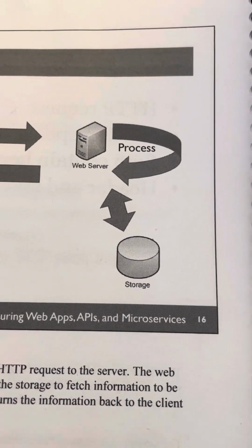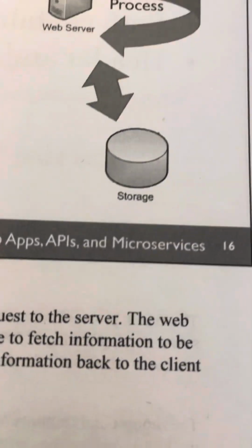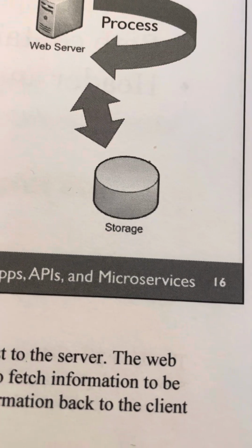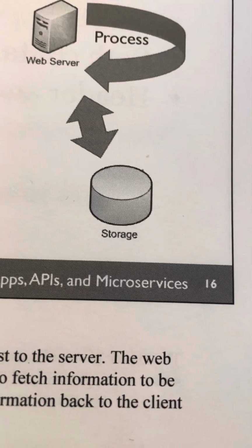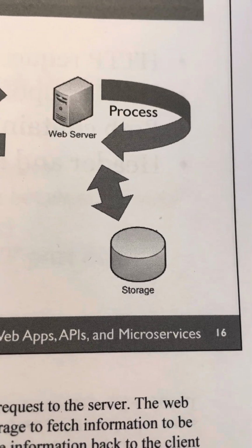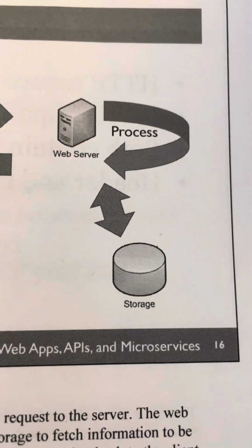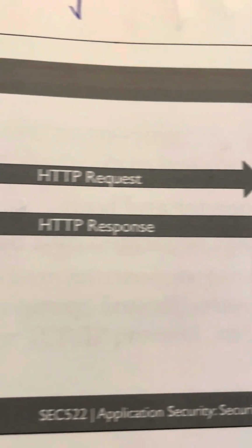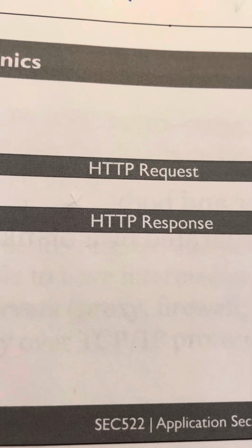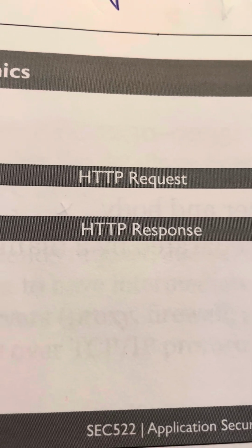That web server runs a process that takes you to a storage device, let's call it a SQL server, MongoDB, something along those lines. It retrieves some data that you're requesting using your browser, and sends that data back over TCP/IP, port 80, 443.